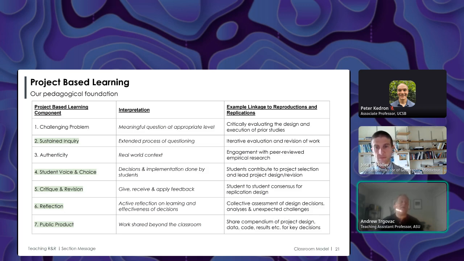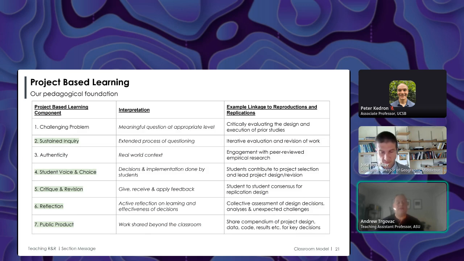So we're getting them involved in the actual literature, which takes us to the sustained inquiry, where you have an iterative evaluation of the work, engagement with peer reviewed empirical research, grounding it again in the literature to have that authenticity, and then making sure that students contribute to the project selection, and then they are the ones leading the designs and revision.